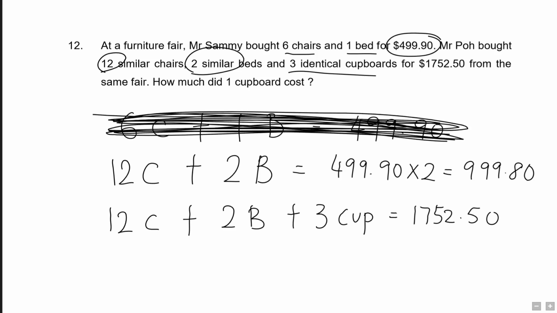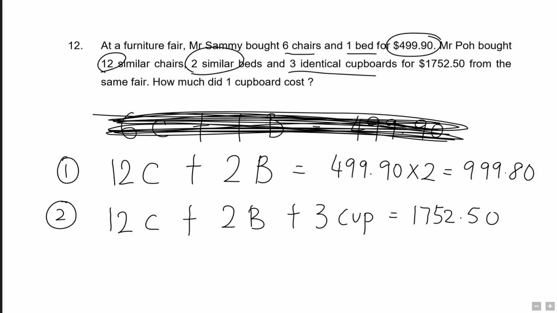Okay, now take a look at the 2 equations. Equation number 1, equation number 2. Equation number 1 says 12 chairs, 2 beds is 999.80. Equation number 2 says 12 chairs, 2 beds, and an extra 3 cupboards is 1752.50.